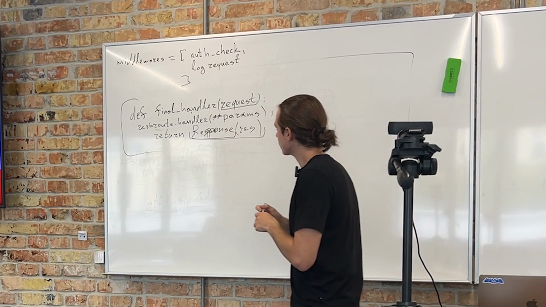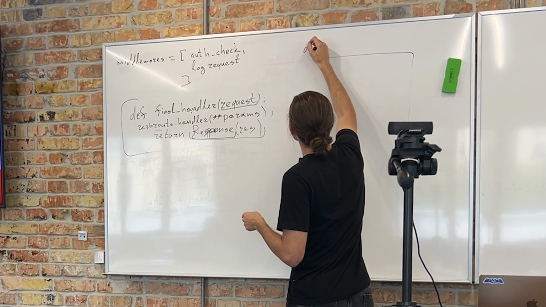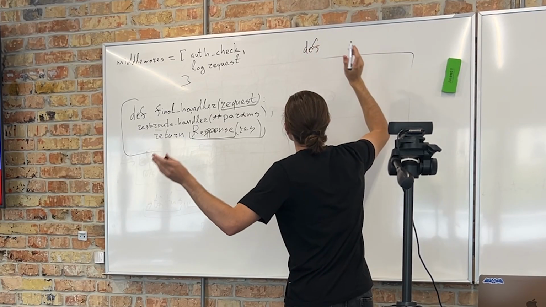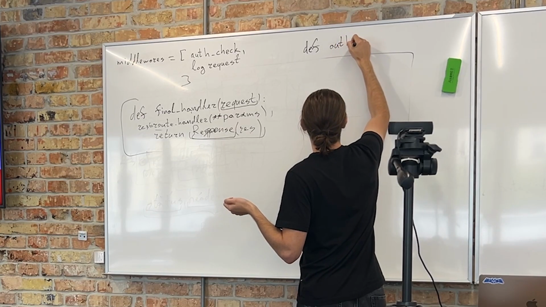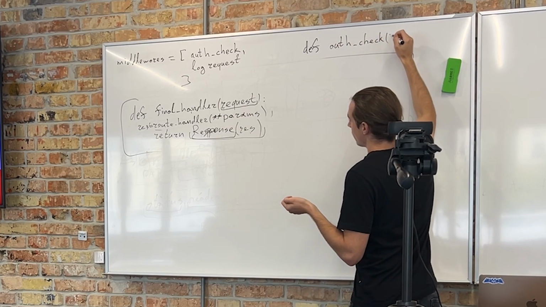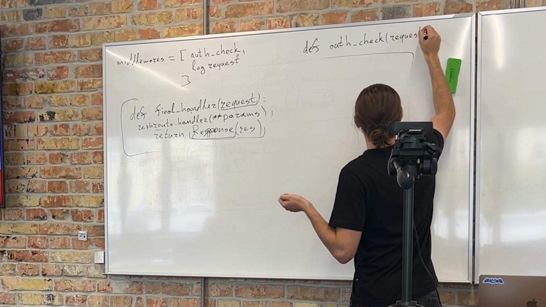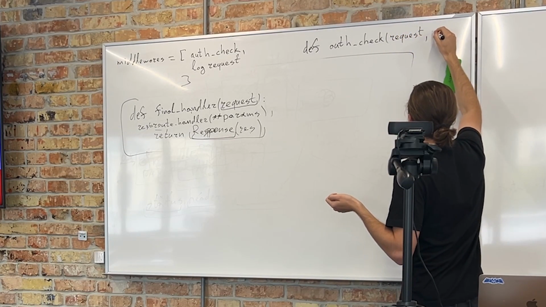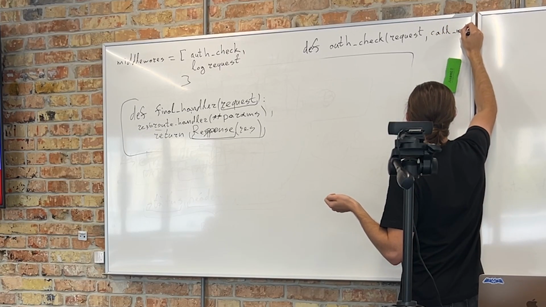Okay, then auth check. We can imagine how it will look. It will have a request as a parameter and also call_next.